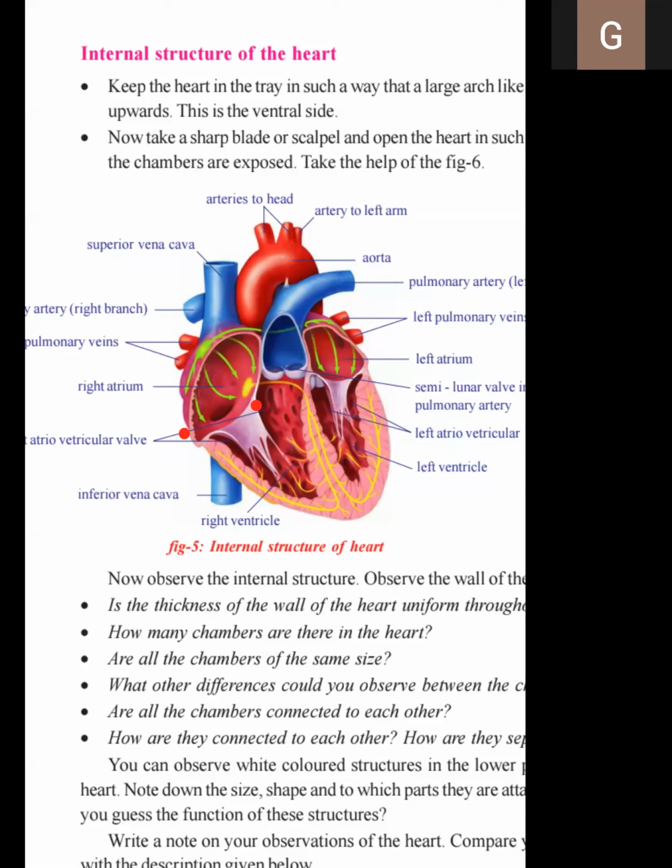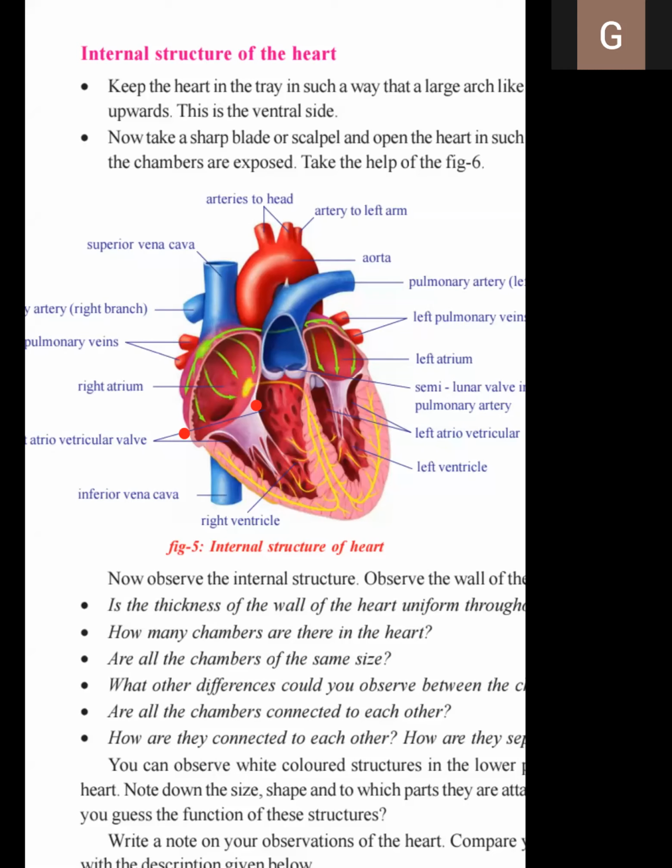They supply blood to the muscles of the heart. Now we are going to discuss the blood vessels that carry blood to the heart. There are different kinds of blood vessels, nearly five kinds. We are going to discuss one by one.